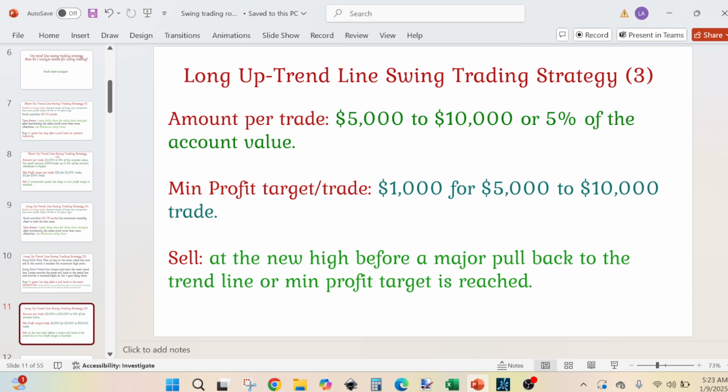And we set our goal to sell or exit when the minimum price target is reached, or when we reach a new high.